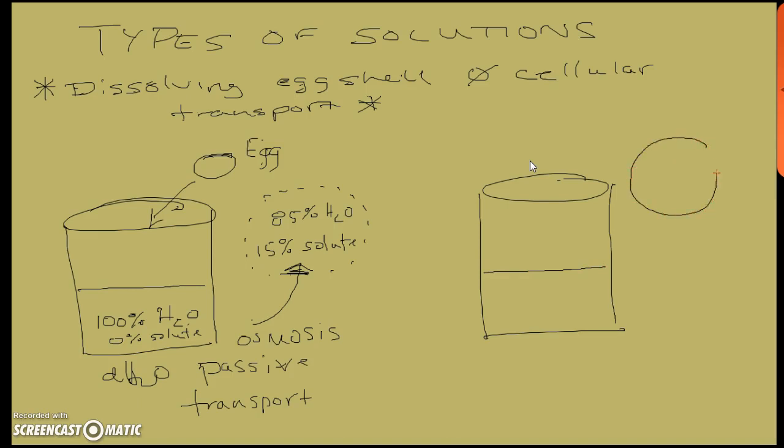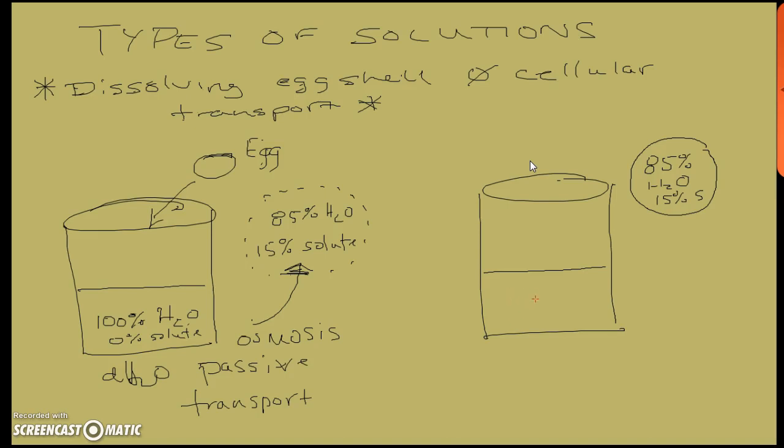So I'm going to make this a little bit bigger. And the egg hasn't changed. We still have 85% water, which leaves us with 15%. I'm just going to abbreviate that S for solute. All right, but now instead of water, we have syrup. Okay, and any of you who have tried to pour syrup or wipe up spilled syrup, you know that it has a very high viscosity, it's very sticky.